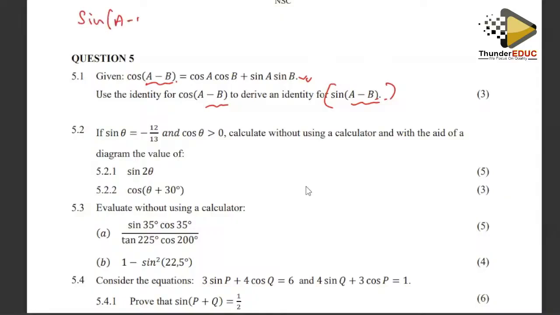So I'll say sine of A minus B is going to be the same as the cos of 90 plus A minus B, something like this. Is it a minus or a plus? I think it has to be a minus, no?